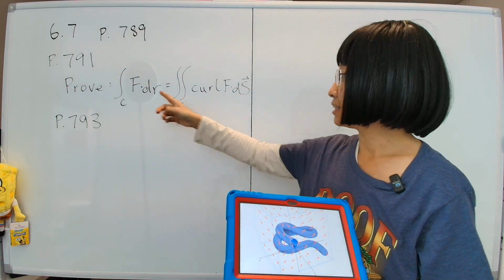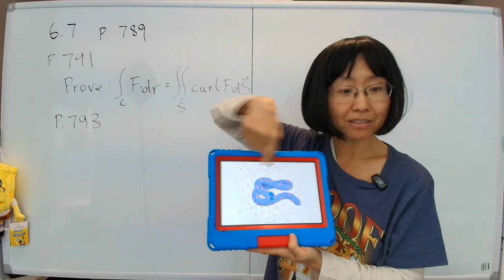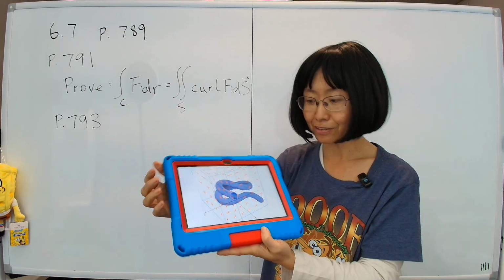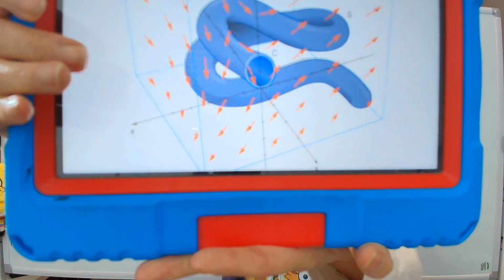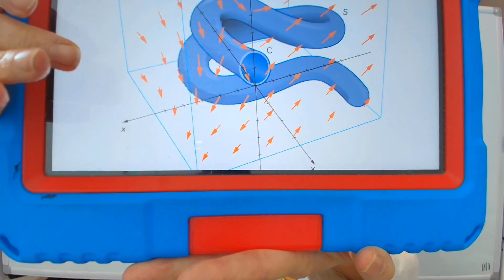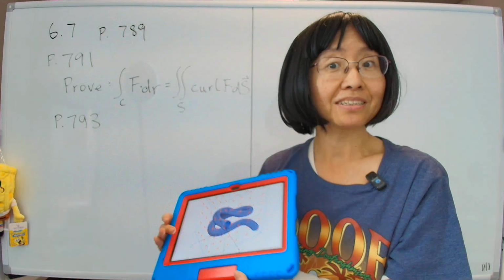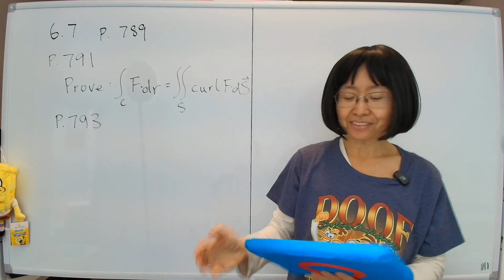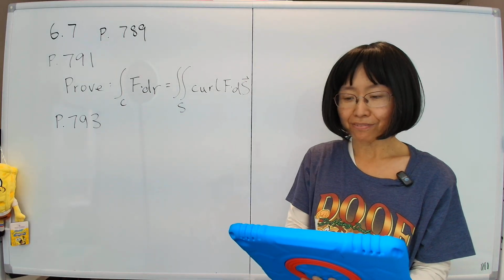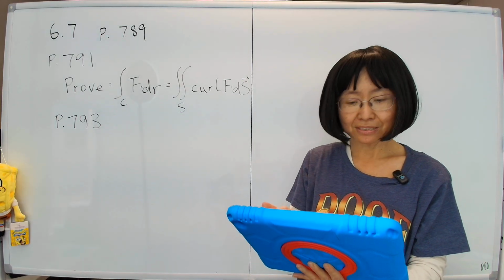The integral over that weird surface S is just the integral over the boundary of the opening, which is just a regular circle sitting straight up, and the surface doesn't matter. I got this picture on page 795, which is example 6.74.